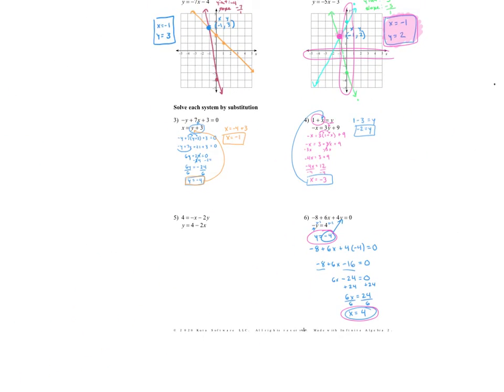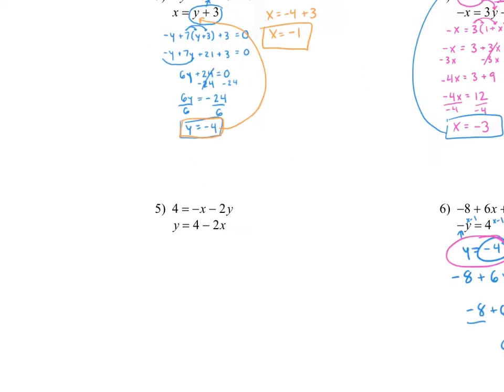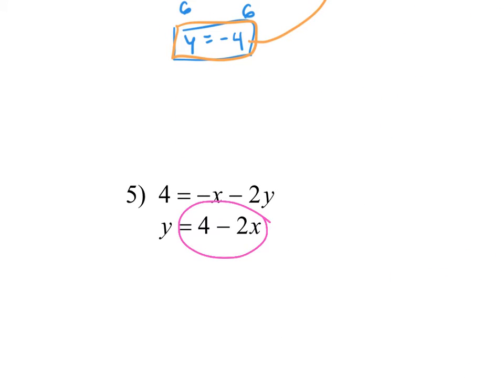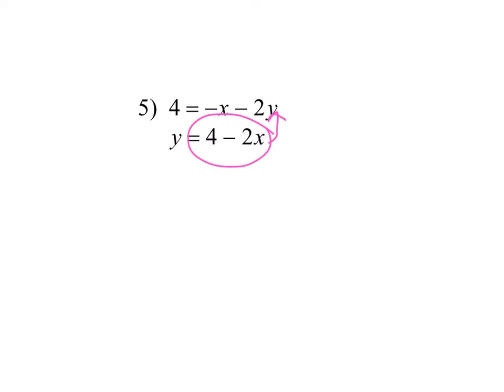Okay. All right, so let's look at 5. So here we're solving by substitution. So we already have y that's given to us. So we just take this, plug it in for y. So we have 4 is equal to negative x minus 2 times, we substitute 4 minus 2x in for y.